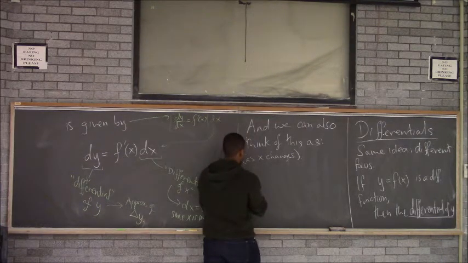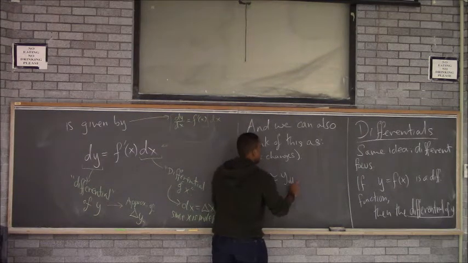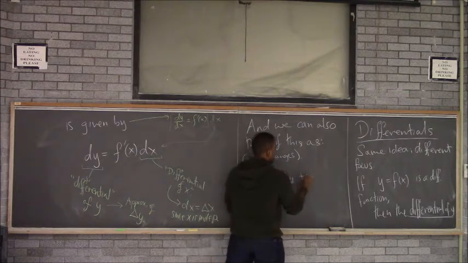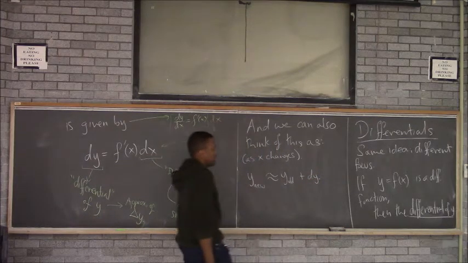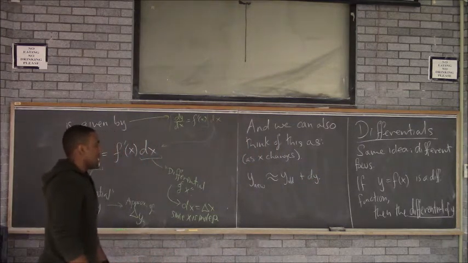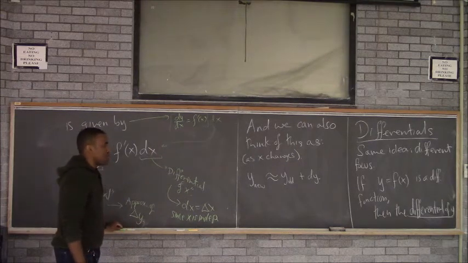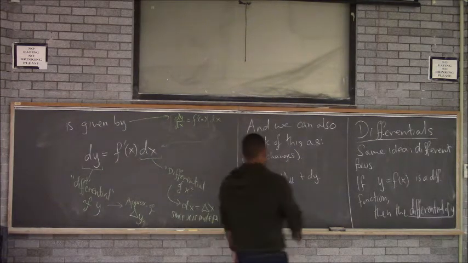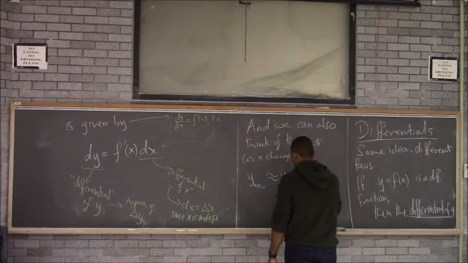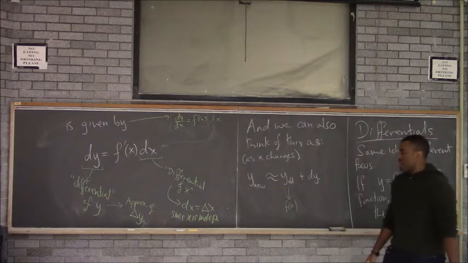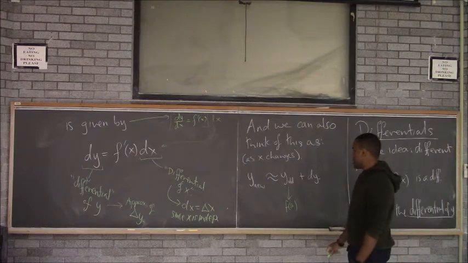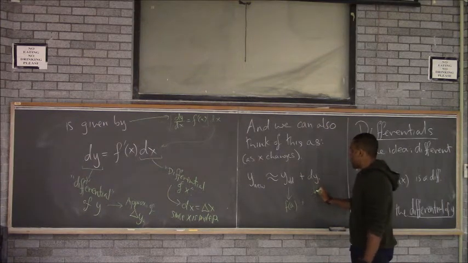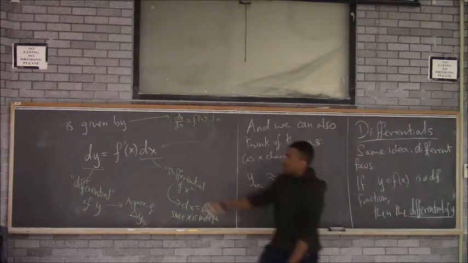You can talk about the new y value in terms of the old y value plus the change in y. And that's how you can kind of think about it. And now if you really actually flush out what that means, well, the old y value is simply just the function evaluated at a point. I knew the old point being x equals a, and this part is just going to be the derivative times dx, which is this guy.